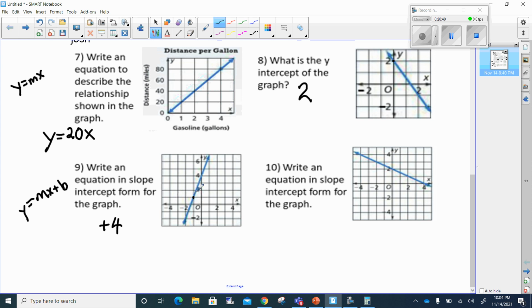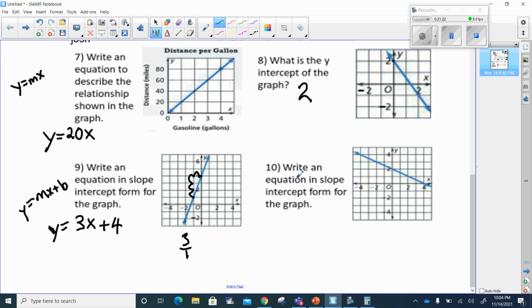I see the lines crossing through here and here, so that's 1. And if I keep moving up, I see it also crosses here. So it goes up 1, 2, 3, and over 1. That's a ratio of 3 over 1. 3 divided by 1 is 3. So I'm going to say this is y equals 3x plus 4.